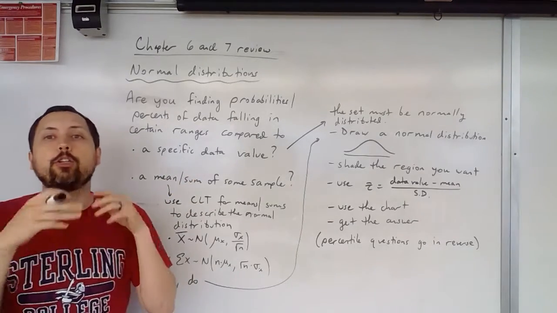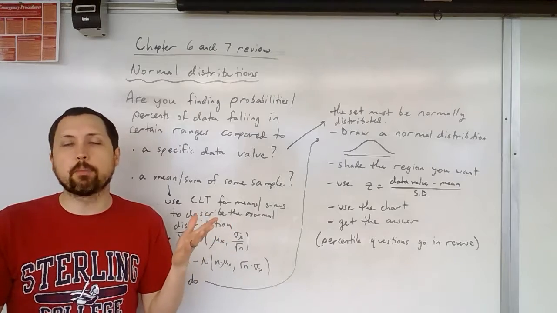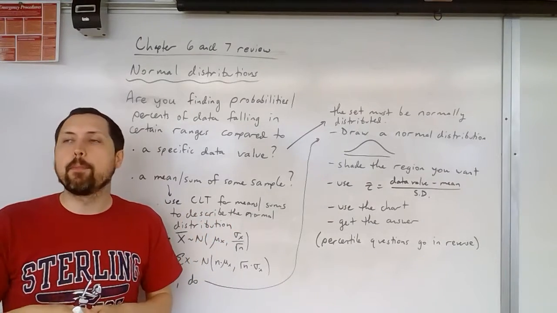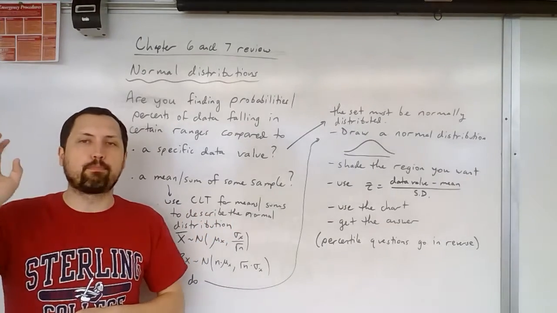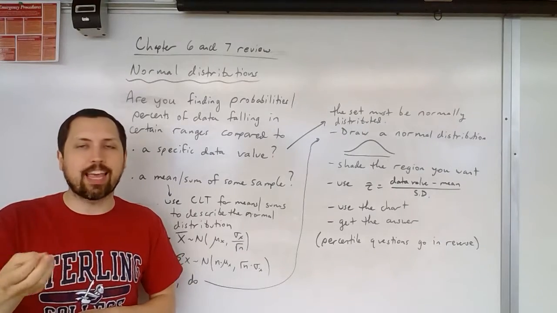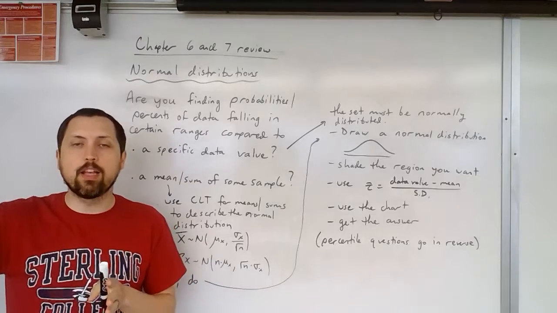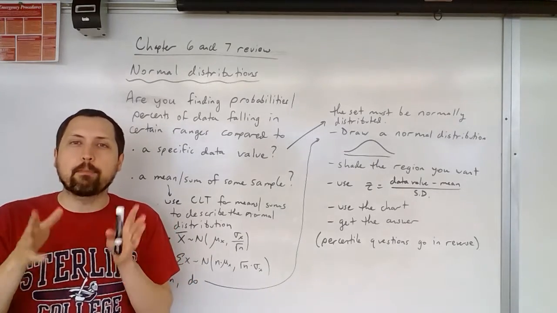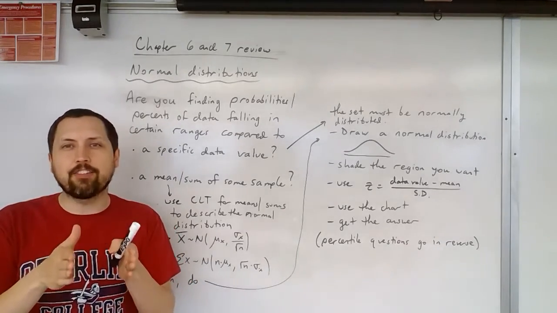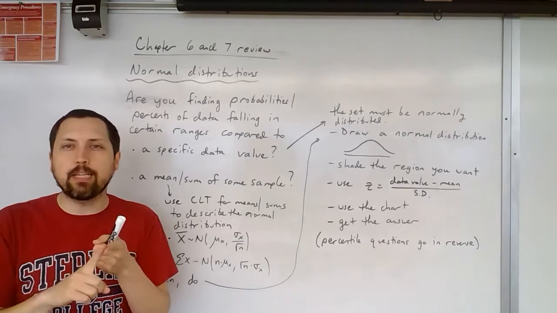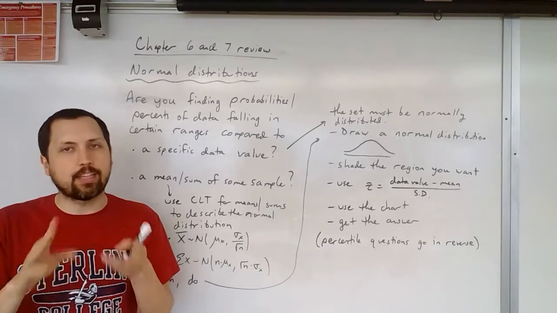So if I say you have a normal distribution for some set, and you're trying to find the probability that you find a data value that's larger than 80, in that context I'm comparing it to a specific data value that is not referencing means or sums of samples.